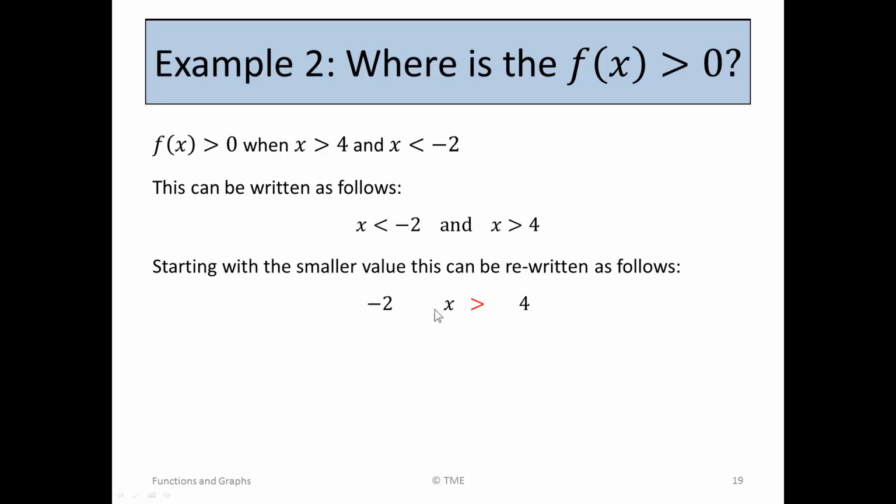So as we move from x to minus 2, we see the point and then it widens. So x is still less than minus 2, or minus 2 is greater than x. So that's writing it as a single line, or more succinctly as minus 2 greater than x greater than 4. And that determines those two spaces where the graph f(x) was greater than 0.